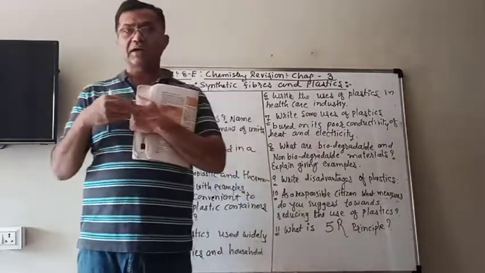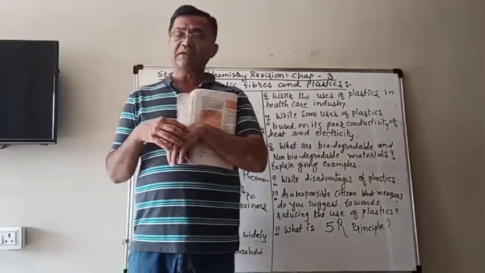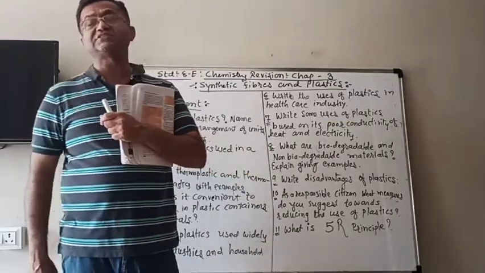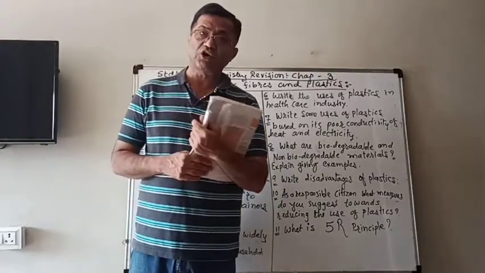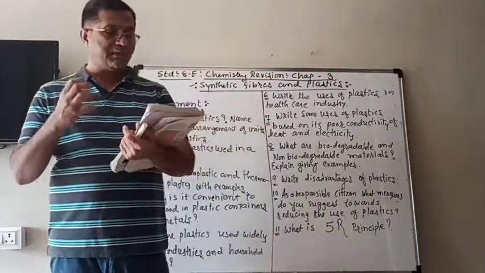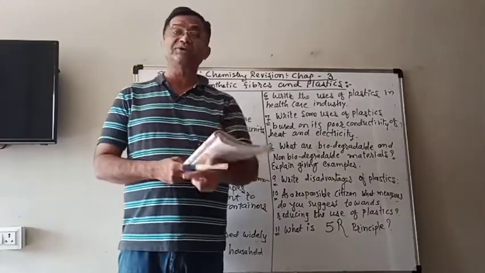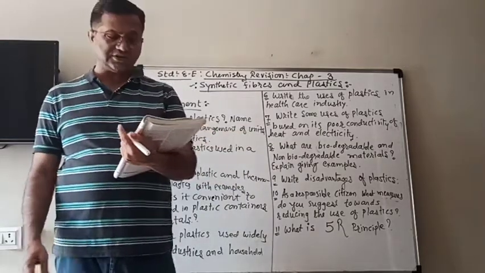When you have an injury and the wound is open, sometimes you have to take stitches. The doctor will take the stitches. The thread that is used for stitching is also made up of some plastic materials. Similarly, the packaging of the tablets also uses plastic.